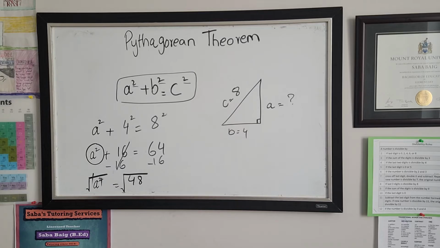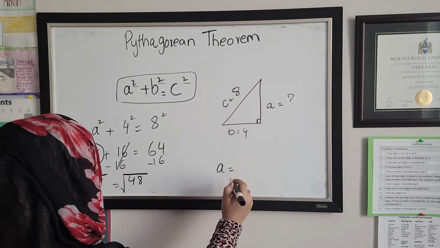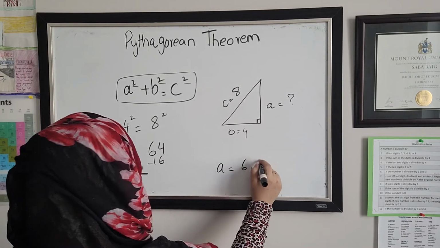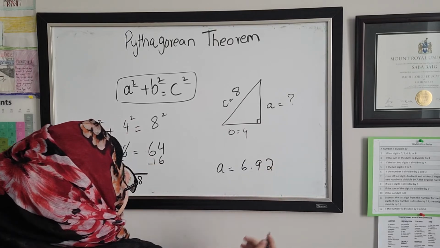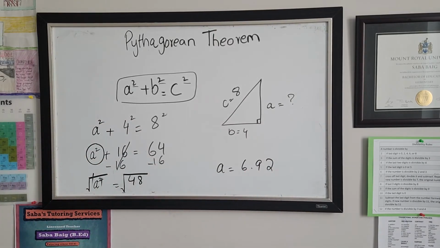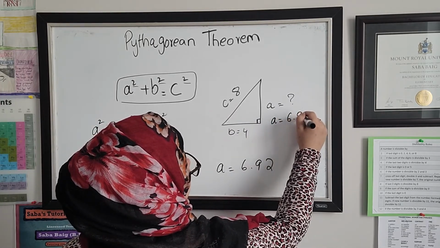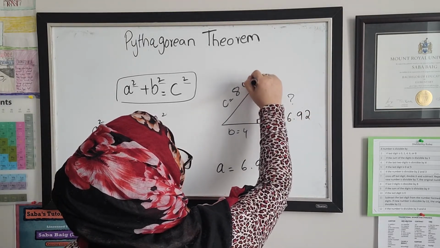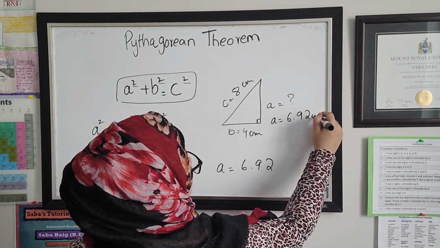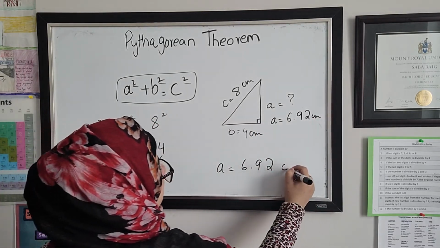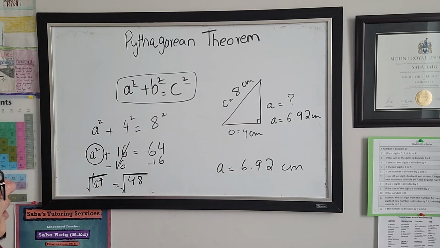The square root of 48 is going to give me 6.93. So A equals 6.93. We can just use 6.9 or 6.93, whatever the unit I'm using, or you're given, just use that. Don't forget the unit.